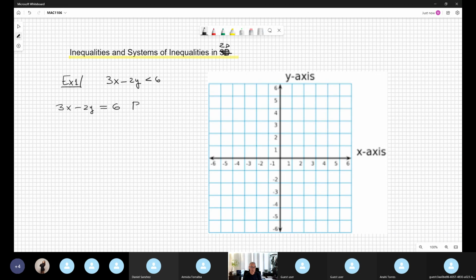Actually, this is the related equation. The related equation helps me draw the line in this plane. And this is relatively easy. Let me do it in 2 different ways. Use the way you prefer, but I want to explain both ways now.